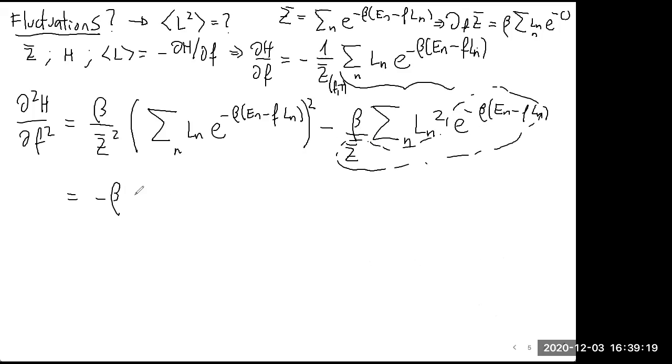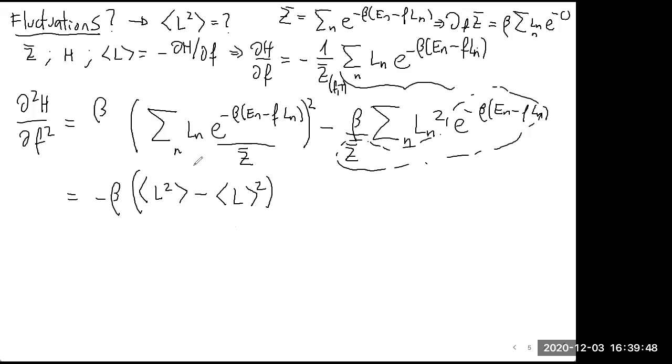So minus beta, and this is the average of L squared, this term. And this one is beta times the average of, okay, I can take this inside. So now I can take this z bar and put it inside. And this again is P of n. So this is the average of L to the power 2.